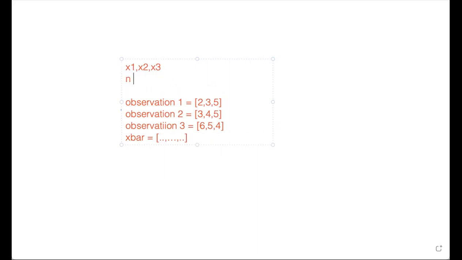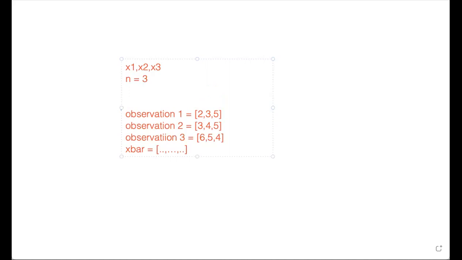So n equals 3, because n is the number of dimensions, and m is the number of observations, which is also 3 here. The first step that we need to calculate in PCA is the mean value for each feature that we have. Gabriel, x bar 1, x bar 2, and x bar 3. You need to calculate the mean values for each feature.